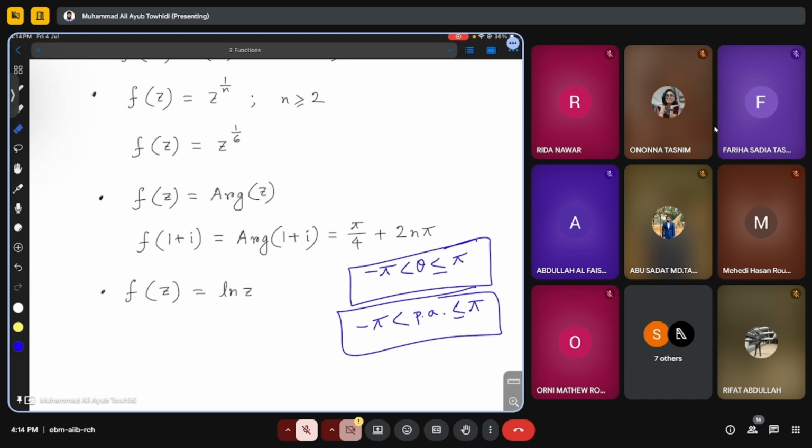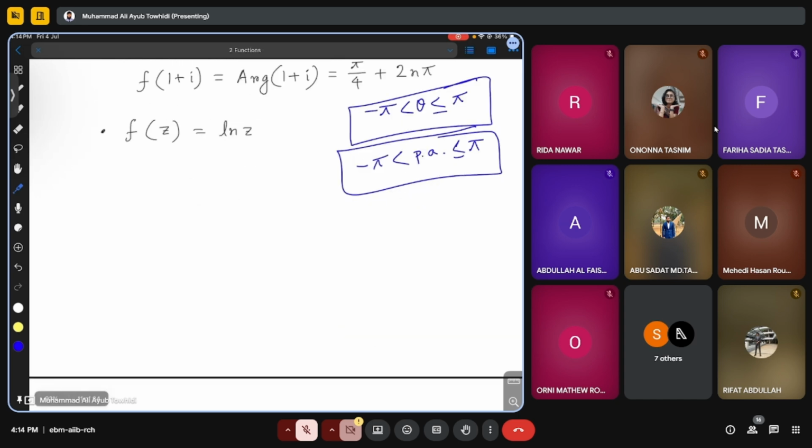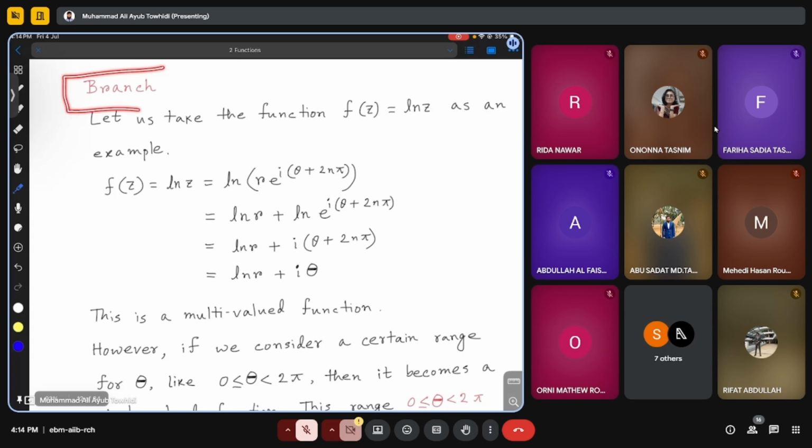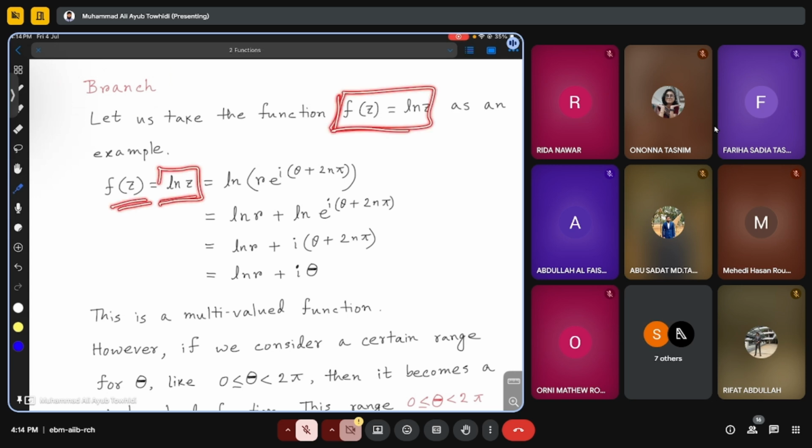Okay, and logarithmic function is a multivalued function. We already saw the example. Now there is a new term called branch. So let's take a logarithmic function, say f of z equals ln z.